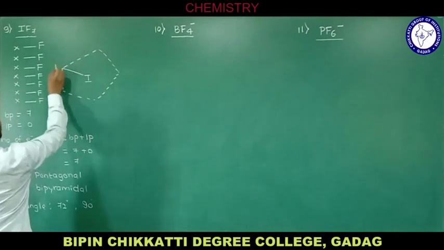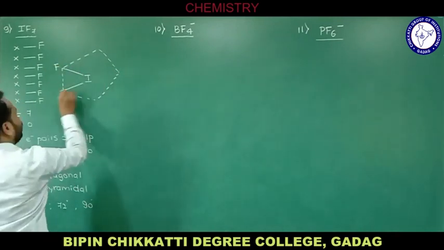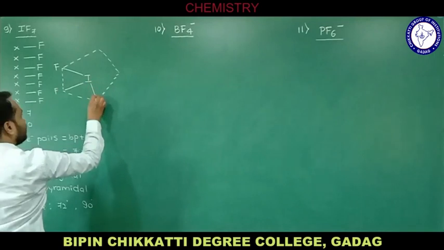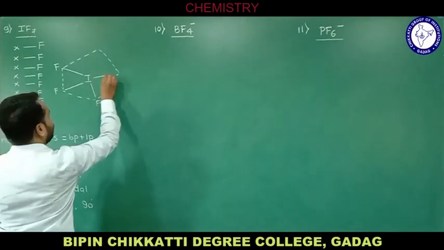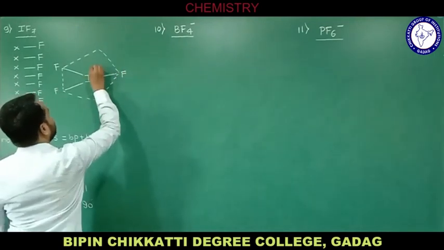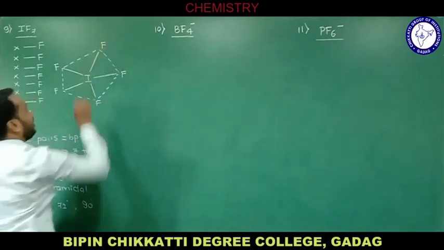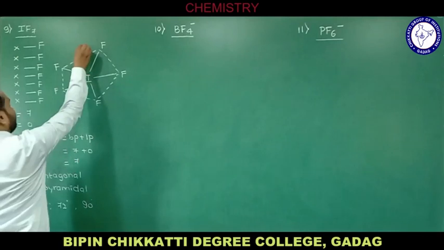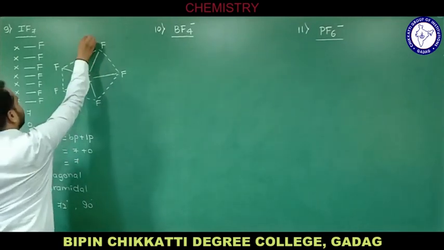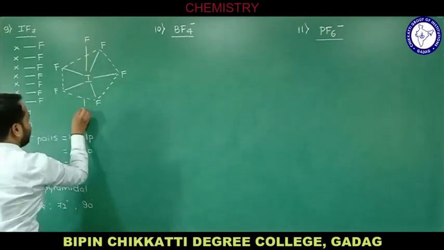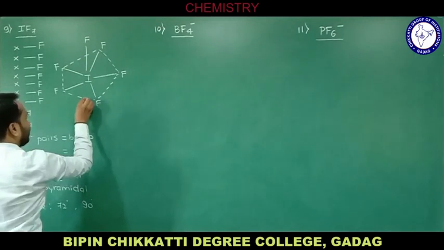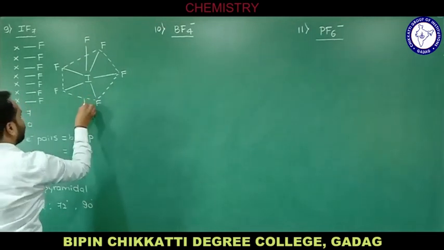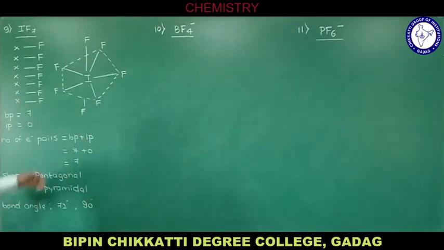So here one IF bond we have, these are bond pairs of electrons, and in the pentagonal structure we have 5 IF bonds, and we have 2 more IF bonds, one will be above the plane like this and one will be below the plane like this. The one below the plane is going to be linked with I and F. Since it is below, I am going to mention it like this.